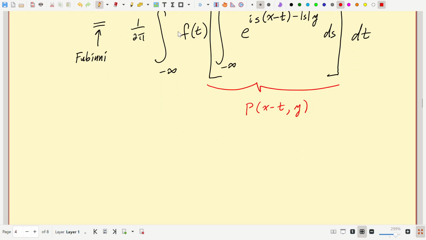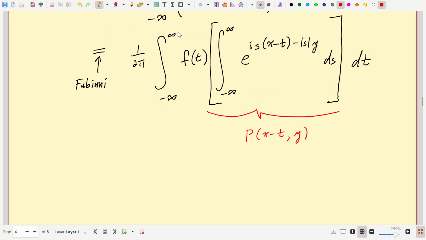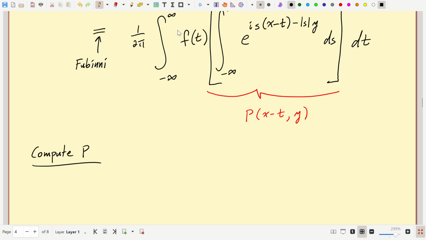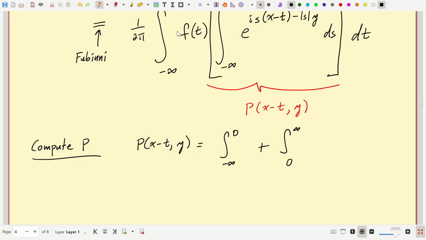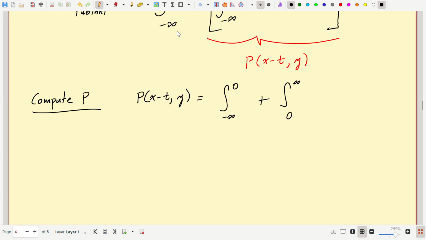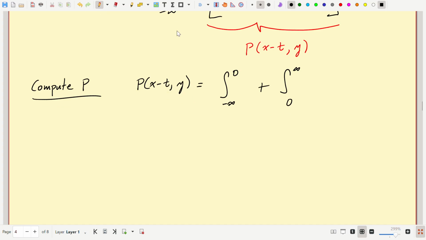Let's see, I can just compute it with my bare hands. So let's compute P. I'm going to write P of x minus t comma y as an integral from minus infinity to 0 plus an integral from 0 to infinity. The integral from 0 to infinity I'll do carefully.